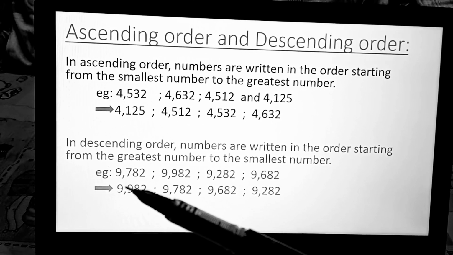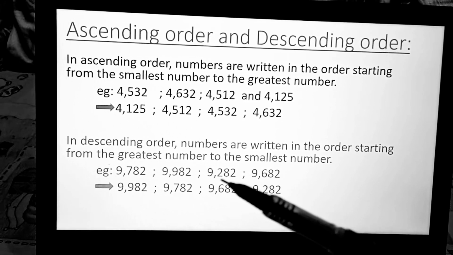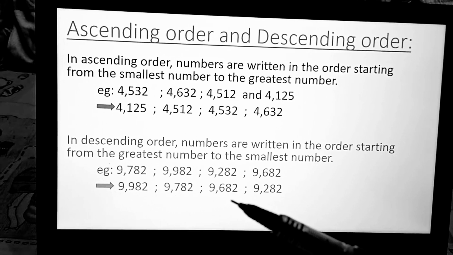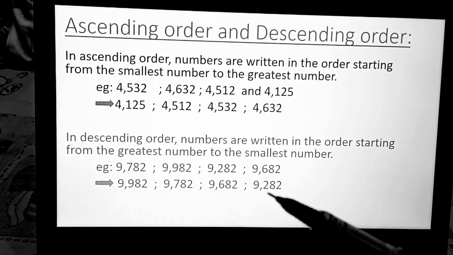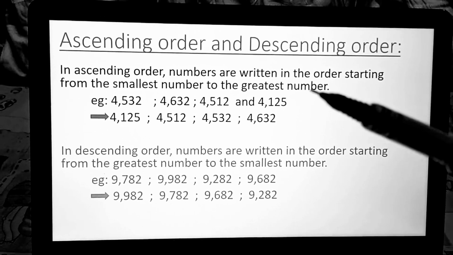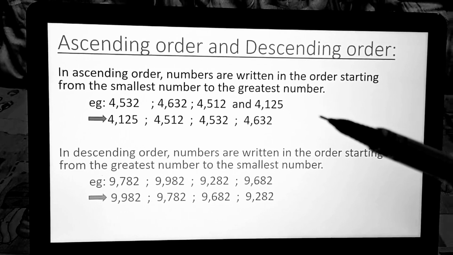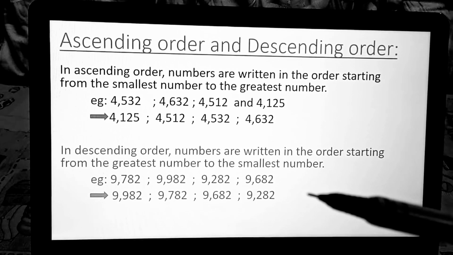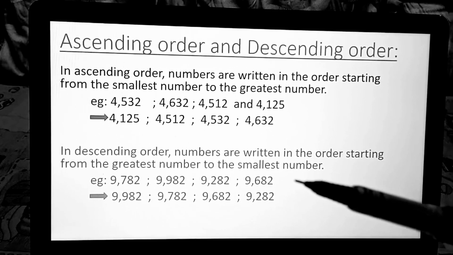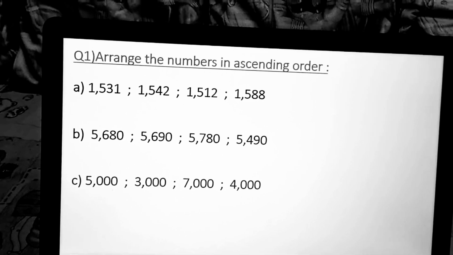Now we write this number 9782. Now between these two, which is the greatest? 9682 and the last, smallest is 9282. So in ascending order, we arrange numbers from smallest to greatest, and in descending order, we arrange numbers from greatest to smallest. Okay. Now let's do exercise 1.6.